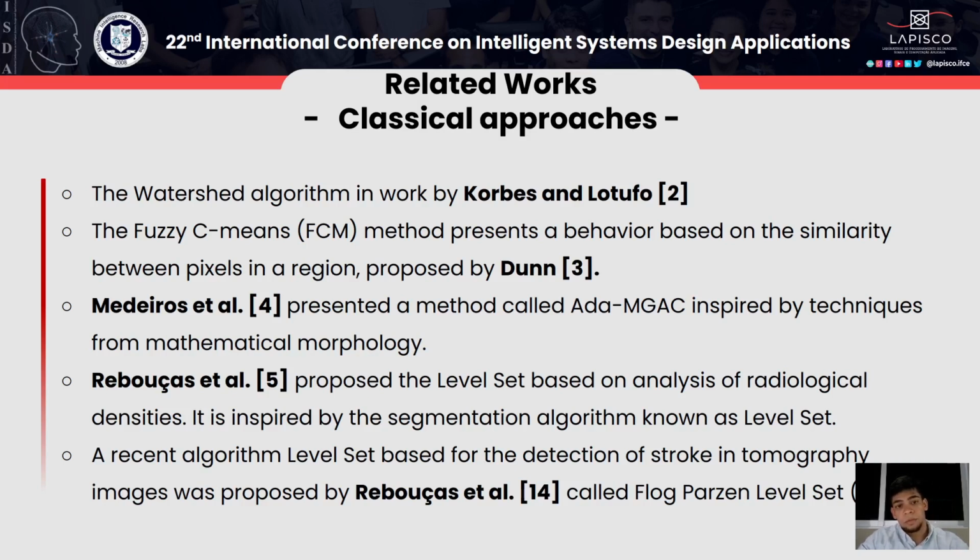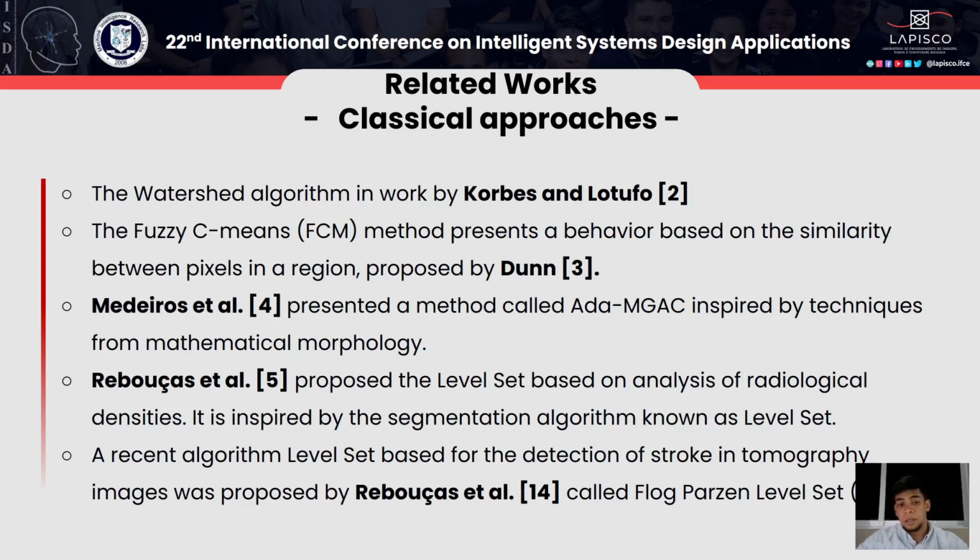The watershed algorithm has been widely evaluated in the literature, highlighting its recent application in stroke detection in work by Cobbs and Lotuf. The watershed algorithm depends directly on the intensity variation in the image, so it is sensitive to contrast oscillation present in the computed tomography image.